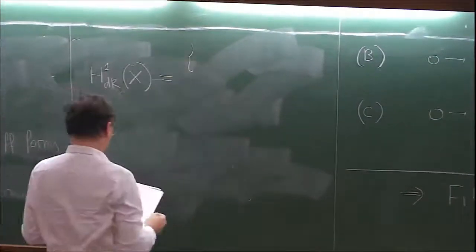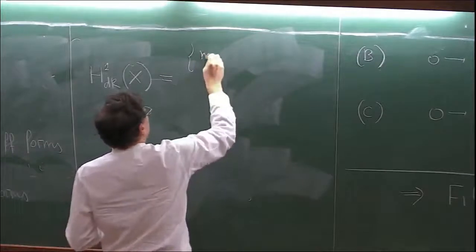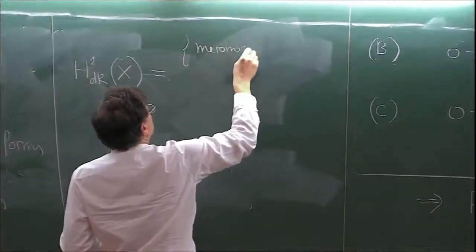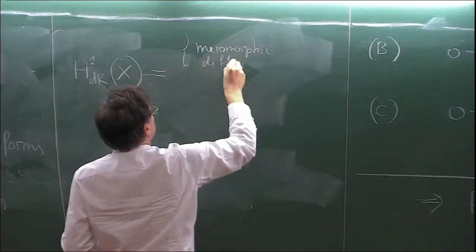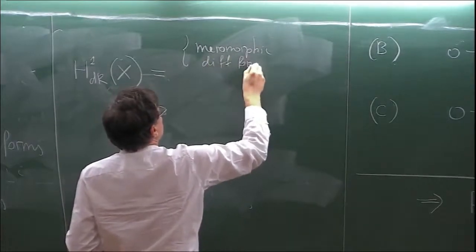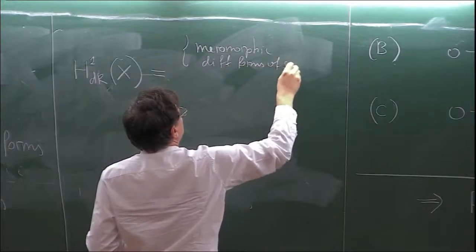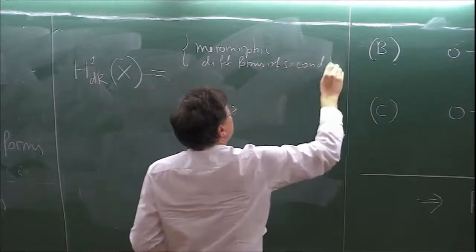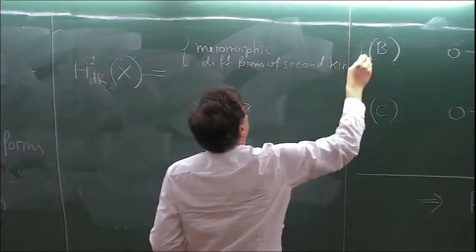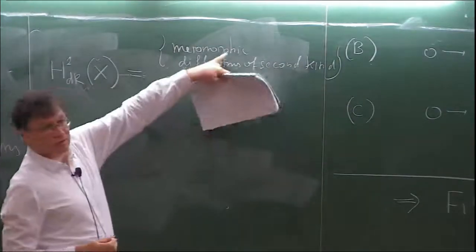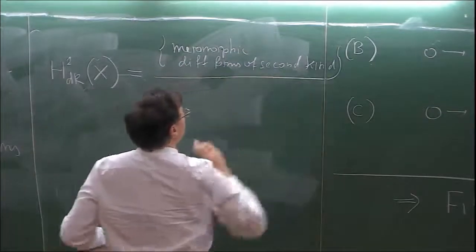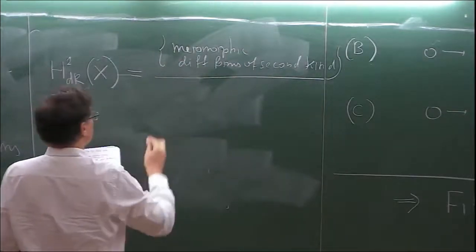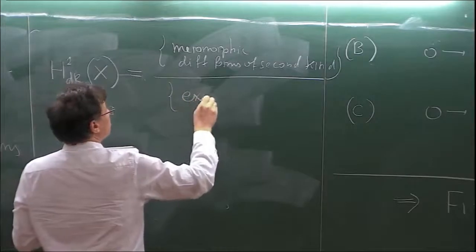This is a quotient of meromorphic differential forms of second kind, and this means that they have no logarithmic poles, quotient by exact forms.